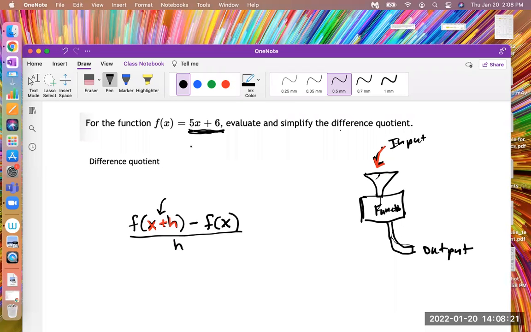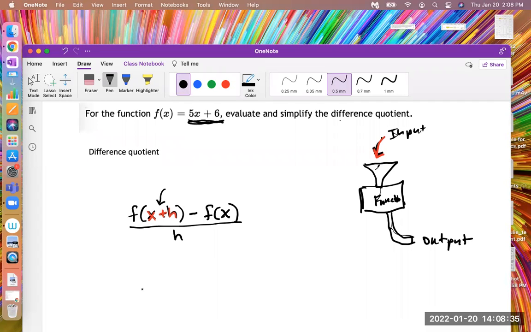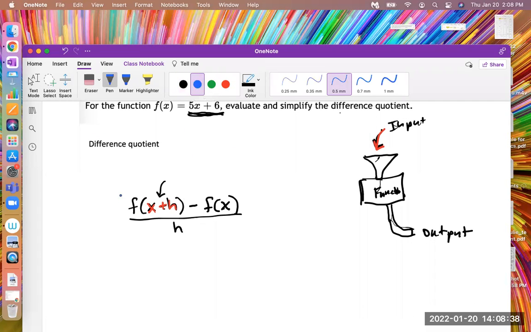So I write out where I see this needs to be replaced, with x plus h plugged in for the x. I'm going to substitute in f of, and I'm going to put a parenthesis for what's going in for the x, because I have 5x plus 6, but I need to substitute in the input where the x belongs.